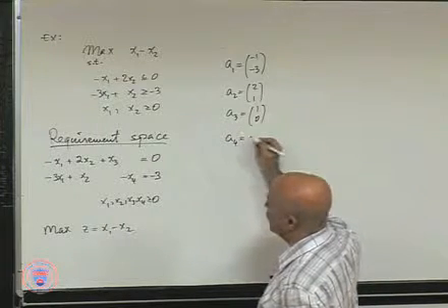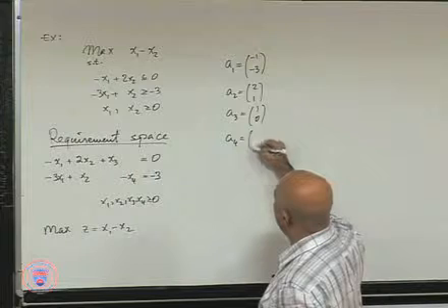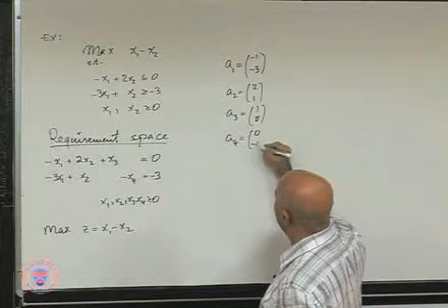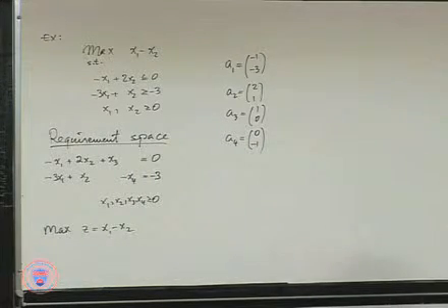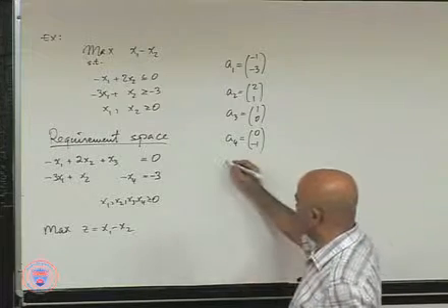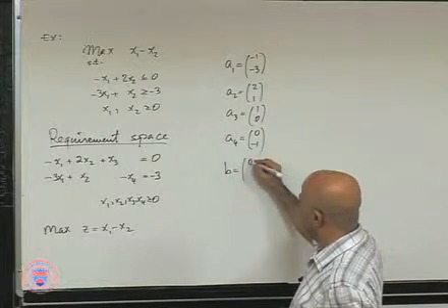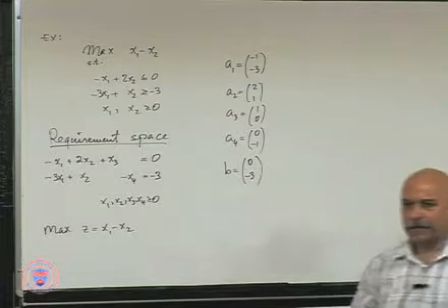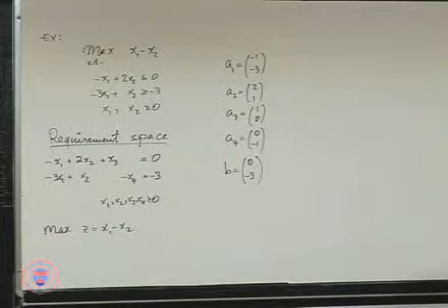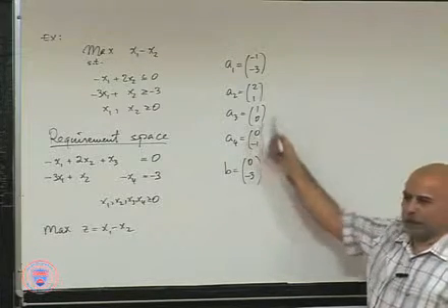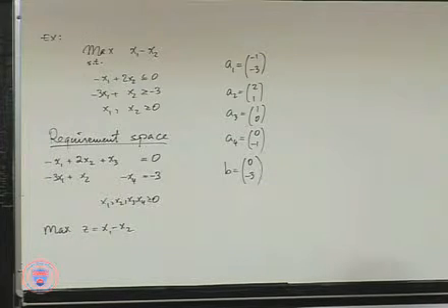A4 is 0, minus 1. These are the vectors. And the B vector is, as you see, 0, minus 3. So the question is, is B in the convex cone of these vectors?